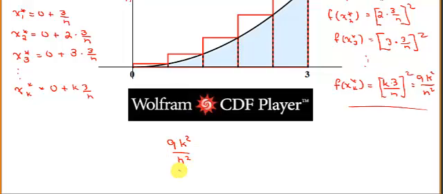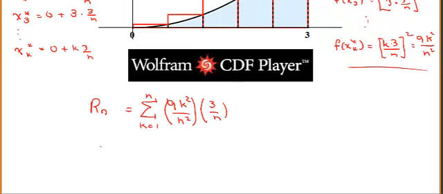Then I have to multiply this by delta x, which is 3 over n. So I have the height times the width, so that'll be the area. And then I'd have to sum these as k goes from 1 to n. And this expression is what your book, I believe, sometimes calls r sub n, the sum of the n rectangles that we've used.